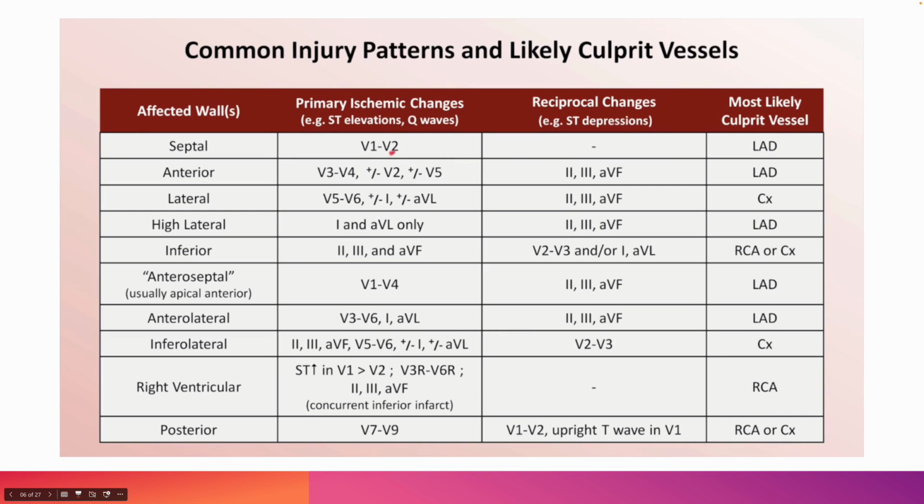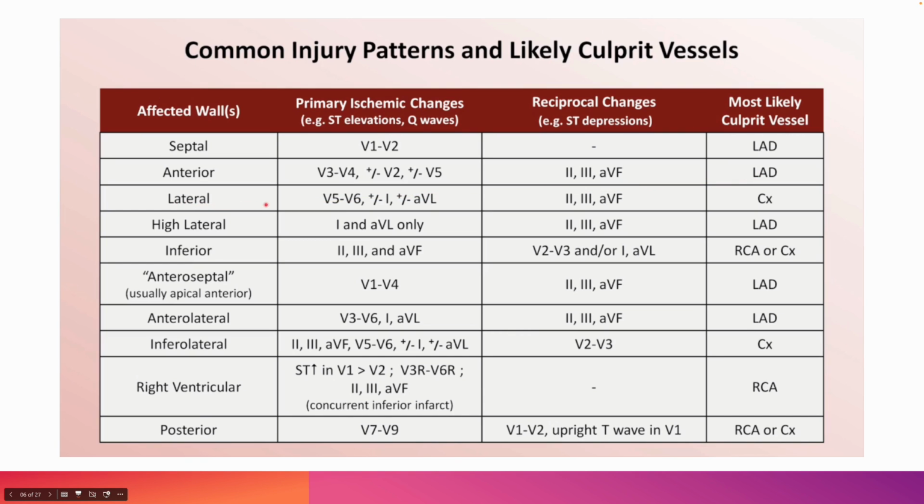So you would find ST elevations in V1 and V2, now without reciprocal changes. The anterior leads include V3 and V4, could include V2 and V5. Of course, you would find reciprocal changes in the inferior leads according to the PALE mnemonic. And also again, the LAD is responsible for supply.